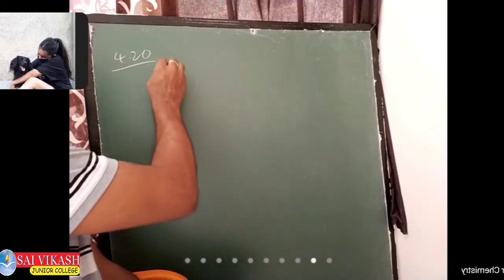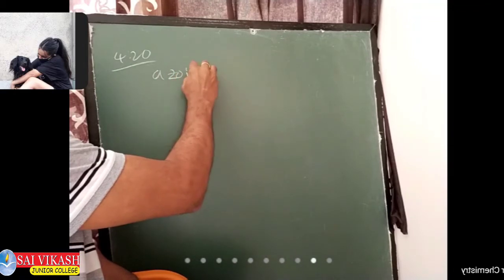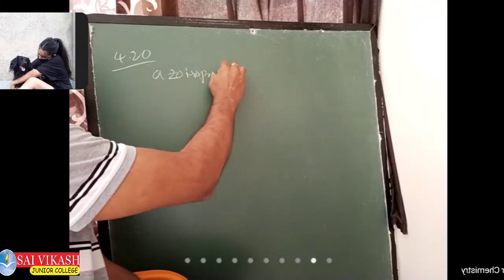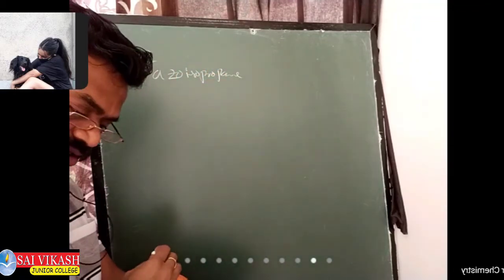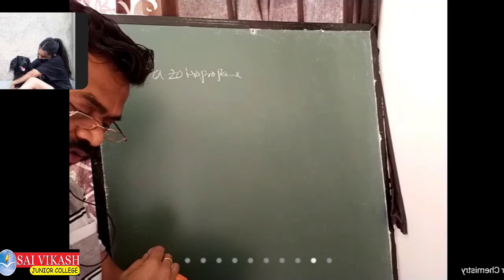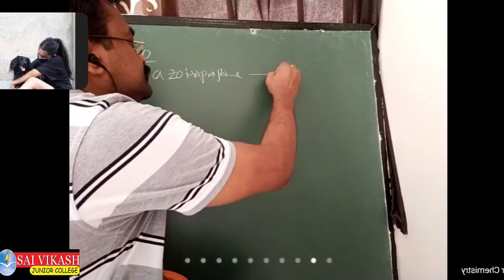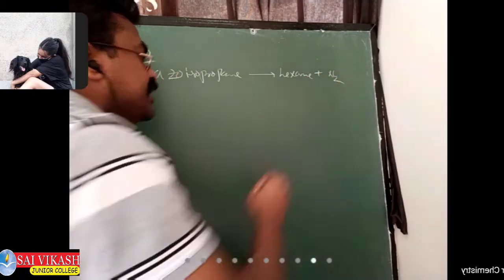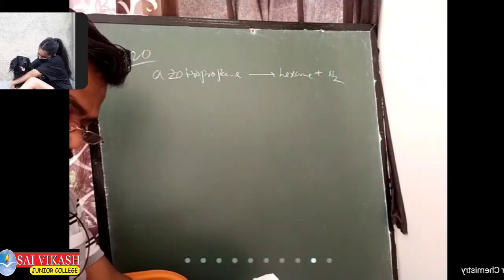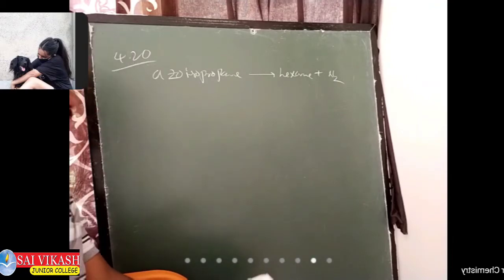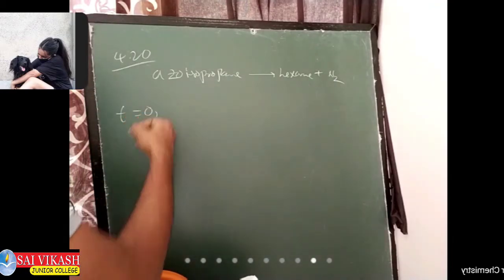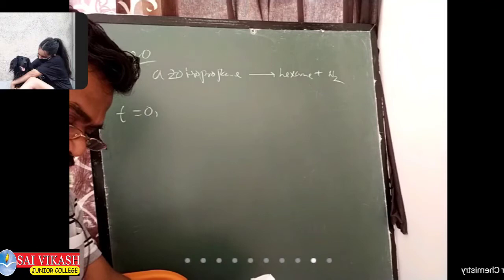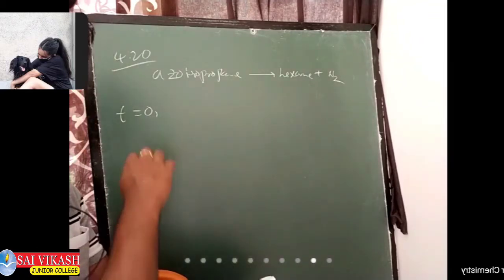See this azoisopropane, this dissociates to form hexane and nitrogen. So see here, initially time zero, I'm using the given data. Time zero initially.